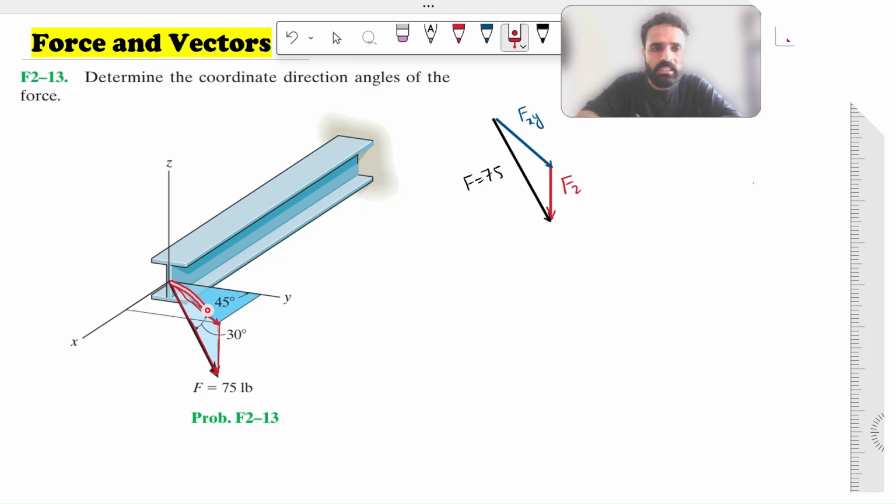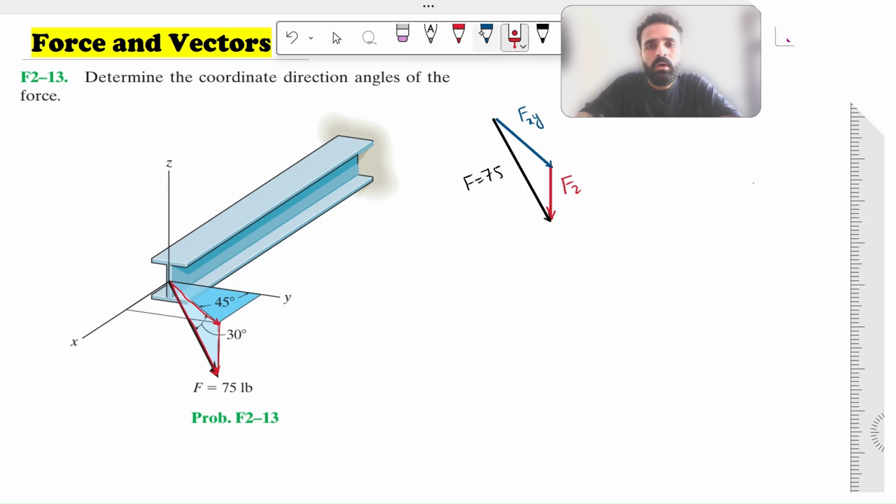And this is the xy plane, so the force component of this force along this plane will be considered as Fxy. From this, we will find Fx and Fy separately with the help of this triangle, after finding Fxy and Fz.